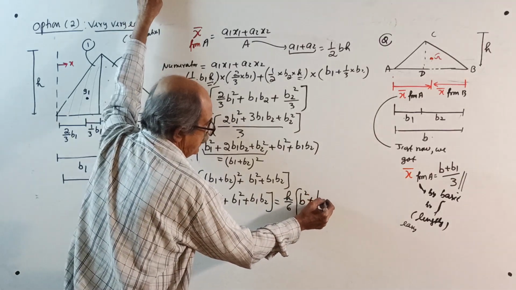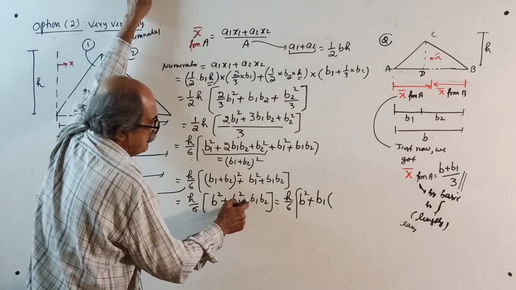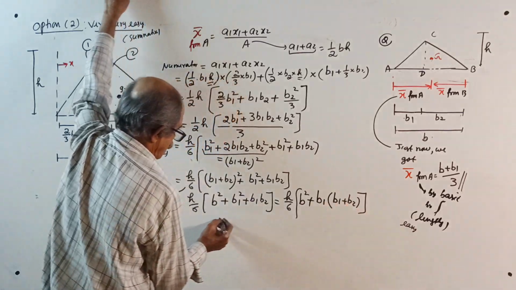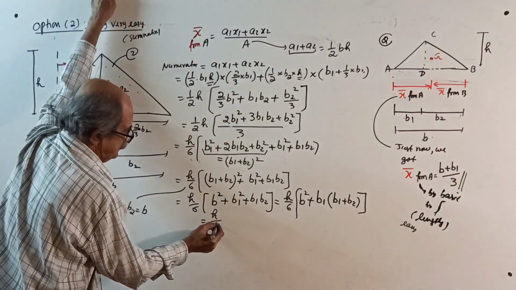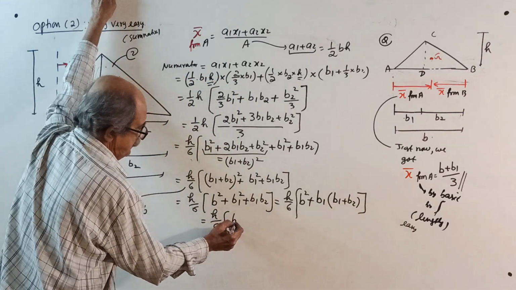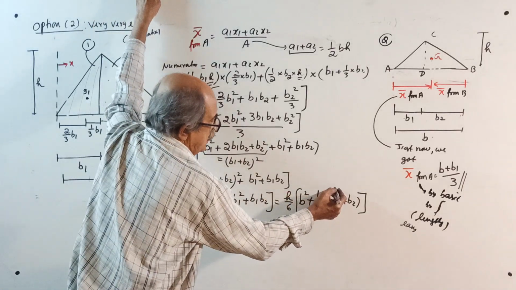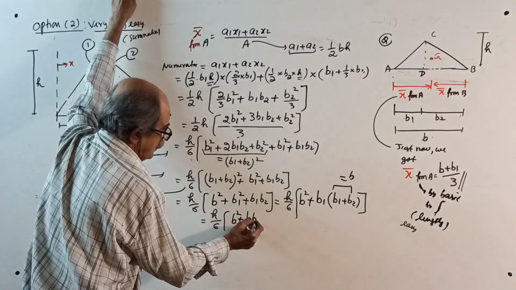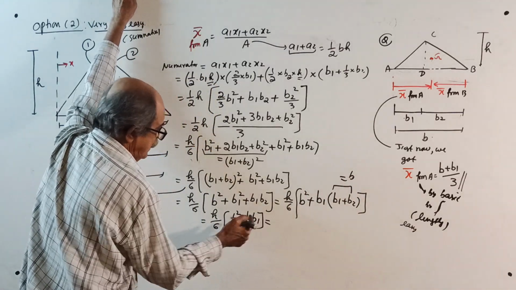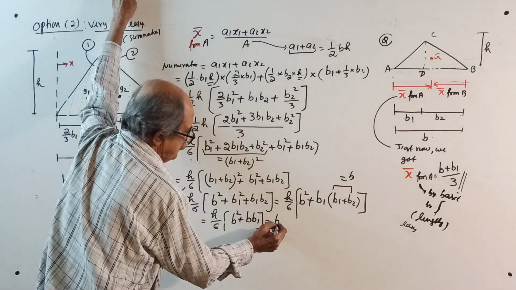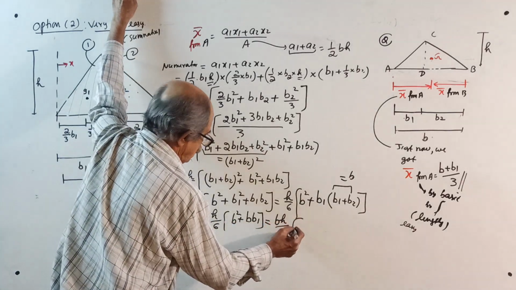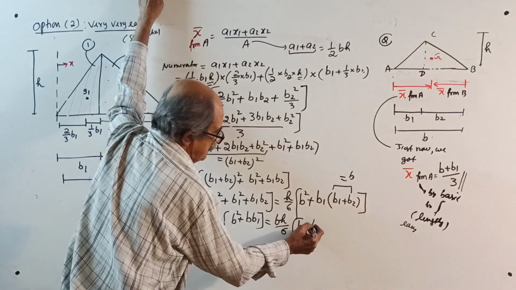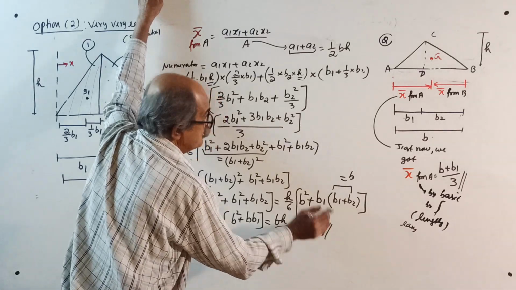If you take b1 outside, b1 plus b2, or equal to h by 6 into b square plus b1 into (b1 plus b2), which equals b, so b into b1. Or you can take b outside, it is b h by 6 into b plus b1. b plus b1 is the numerator.